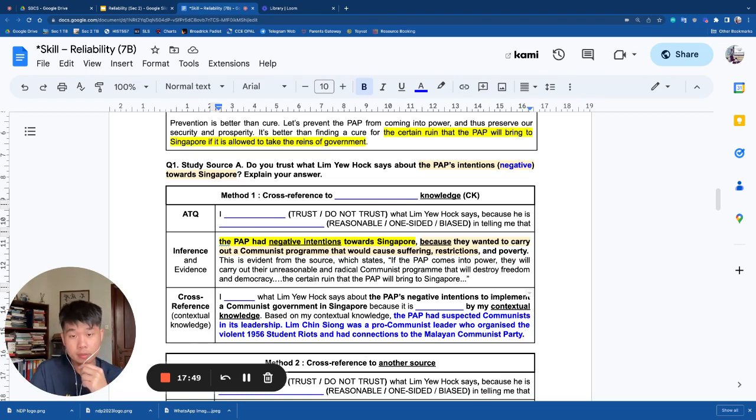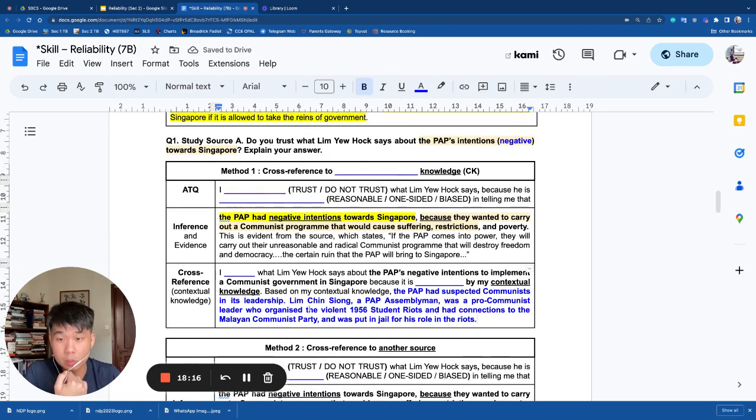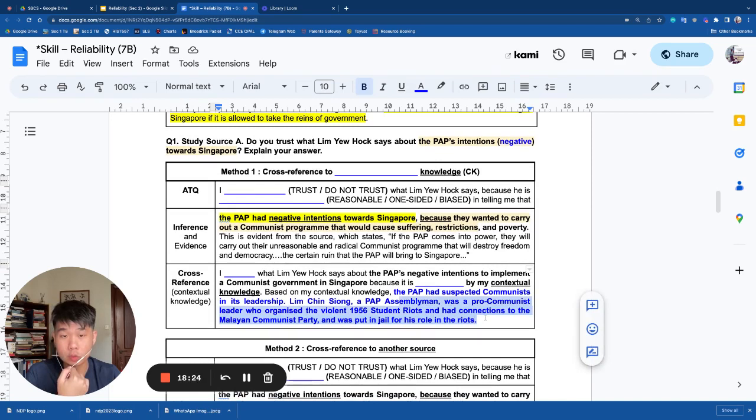So in 1959, the PAP had suspected communists in its leadership. Lim Chin Siong, a PAP leader, was a pro-communist leader who organized the 1956 student riots and had connections to the Malayan Communist Party, and was put in jail for his role in the riots.